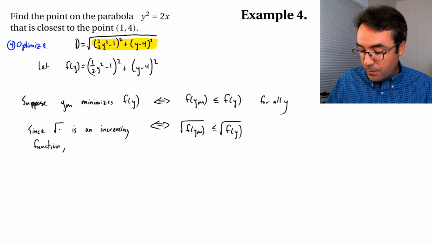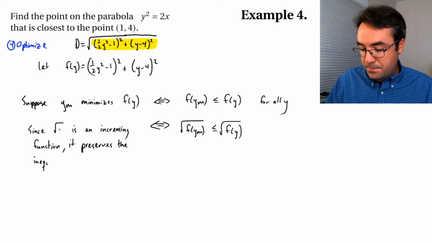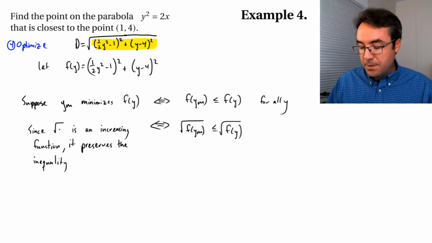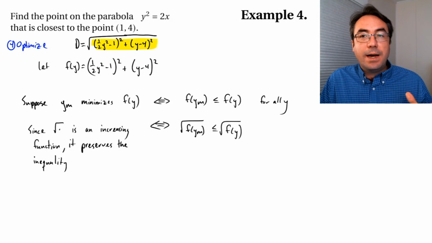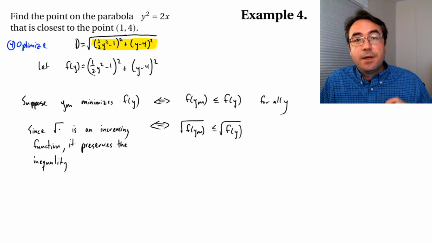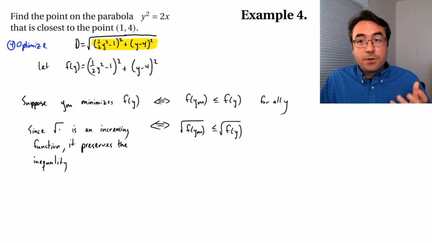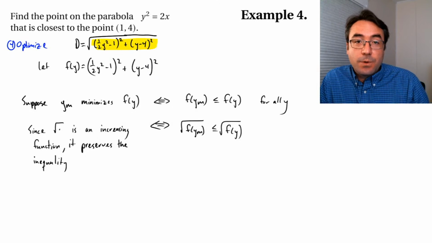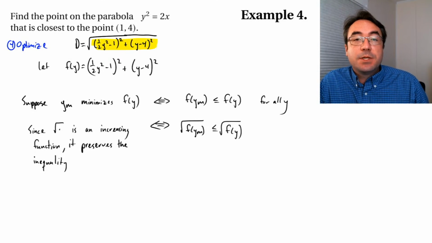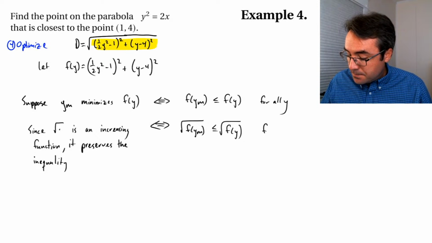So we found this value ym that gives us the smallest value of function f. If we apply the square root to it, the square root preserves that inequality. So the square root of f of ym must be less than or equal to the square root of f of y for all y.